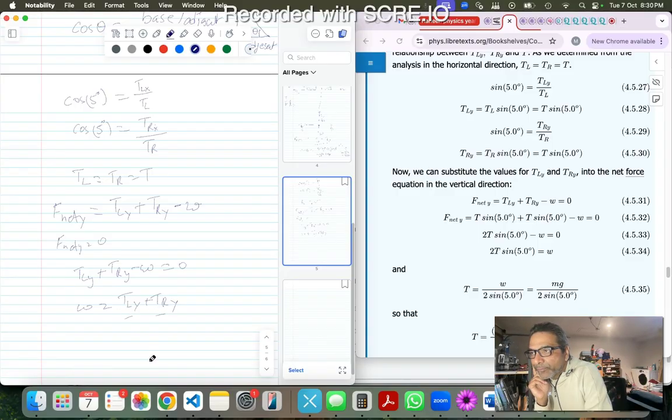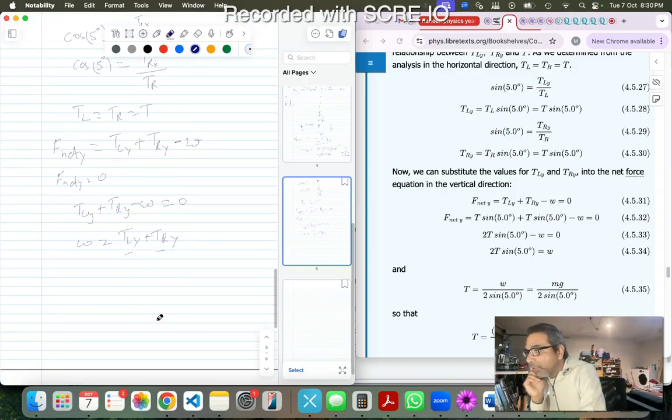So now, what is going to be our TLY and TRY, right? For the vertical component we know that sine theta is equal to the perpendicular over hypotenuse, right?